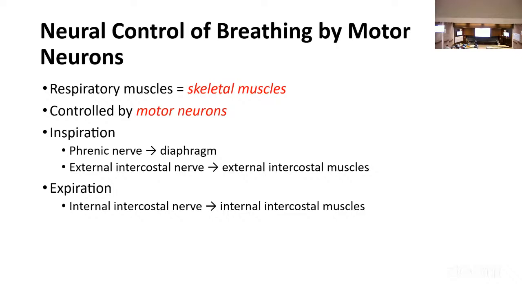So that's inspiration. And for our intercostal muscles, the nerve is just named after the muscle. So our external intercostal nerve would go to the external intercostal muscles. For expiration, usually passive, usually just the diaphragm relaxing, but for active expiration, we've got those internal intercostals activated by that internal intercostal nerve.